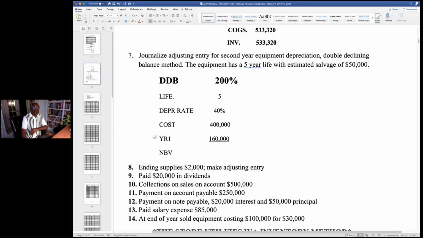So we've taken 160,000 worth of depreciation. So we only have left to depreciate 400 minus 160, and that's going to give us what? 240.